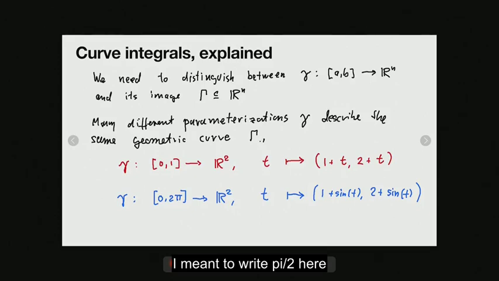So it's just two different parameterizations of the straight line. We start at (1, 2) and we go to (2, 3).